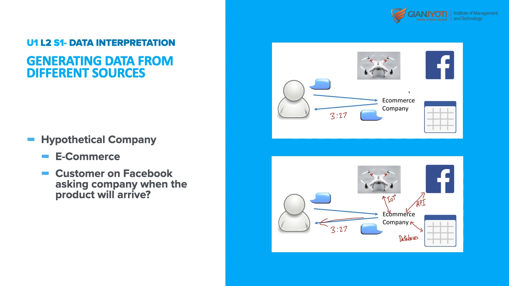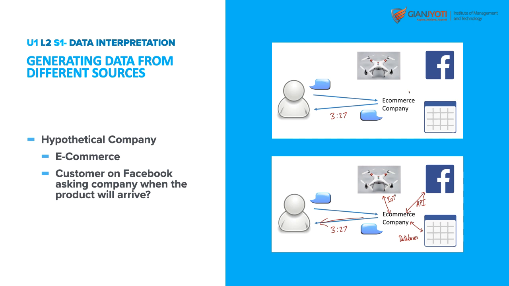The interface pushes the data. That means the e-commerce company pulls the data through the Internet of Things from the drone, and gets this information that in 3 minutes 27 seconds it should be with the customer. Then the e-commerce company gets back to the customer through Facebook, replying that you will get your product in 3 minutes and 27 seconds.